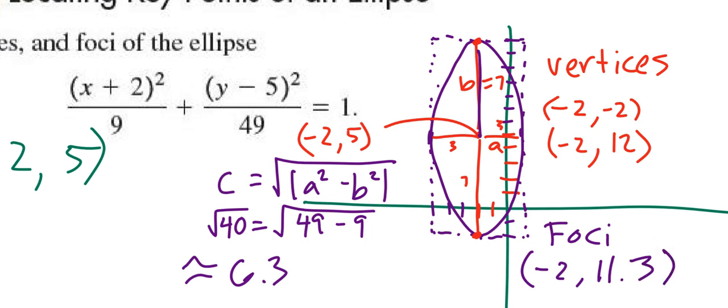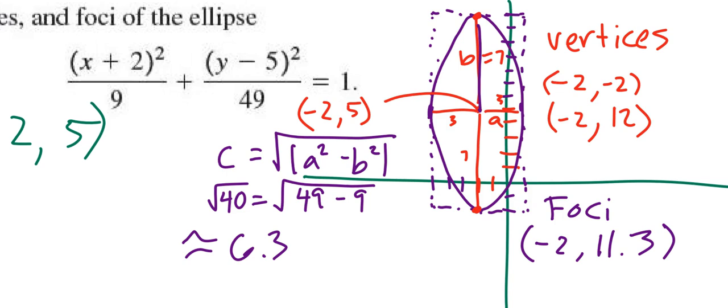Yes, 11.3 would be one of them. And then negative 2 what? 6.3 units down. It has to be along the major axis, folks. Whatever 5 minus 6.3 is. Oh, negative 1.3.